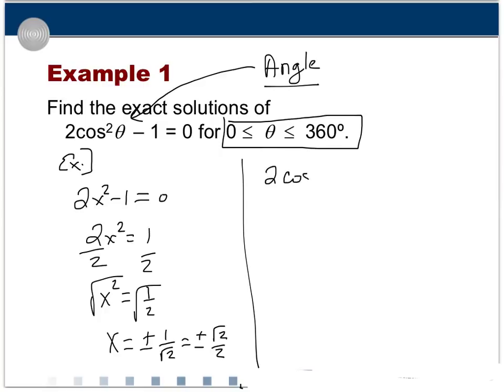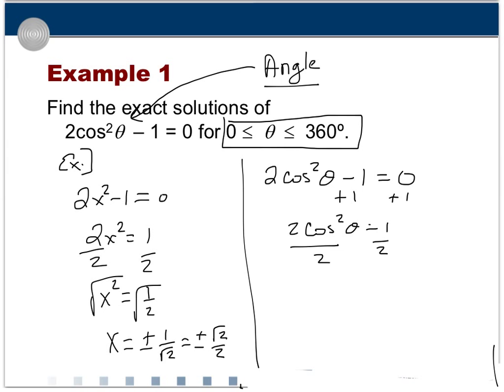So notice I am going to walk through the same process. It's set equal to 0. I'm going to add 1 to both sides. I'm going to isolate the cosine function. Divide both sides by 2, and I'm running out of room here.